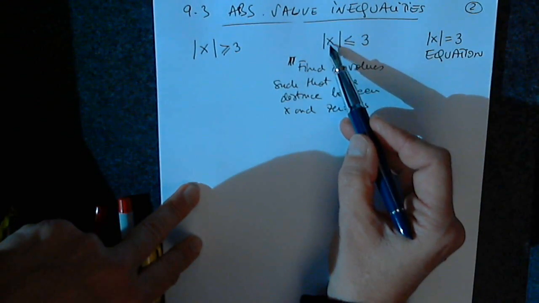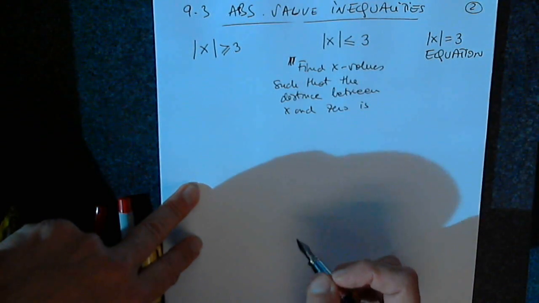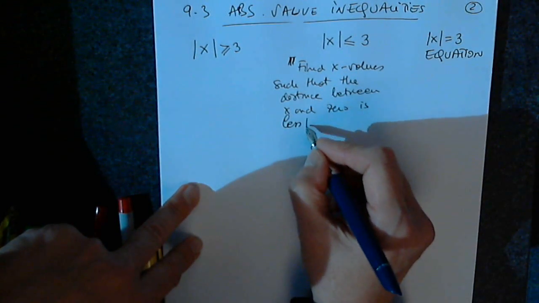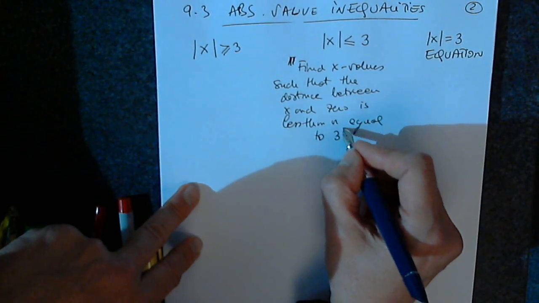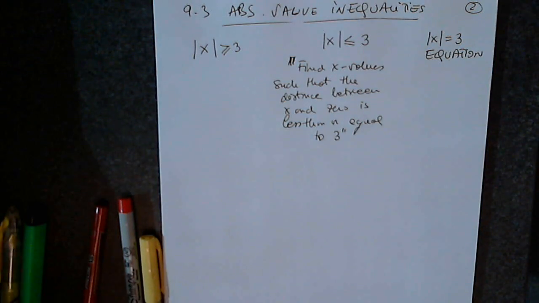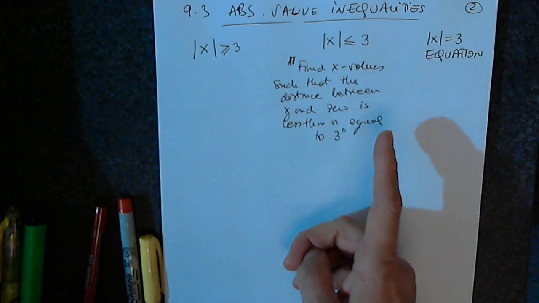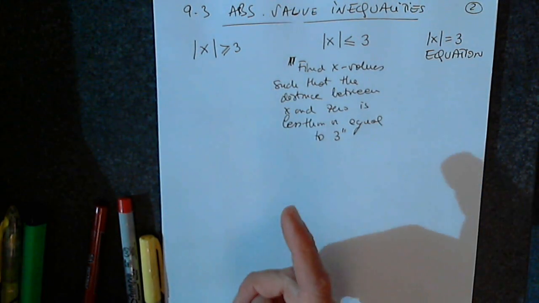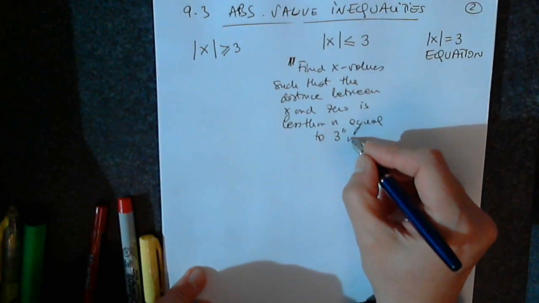Find x values such that the distance, which is the absolute value, the distance between x and 0 is, excellent, less than or equal to 3. So let me read this again. Find x values such that the distance between x and 0 is less than or equal to 3 units. I should write 3 units for clarity.